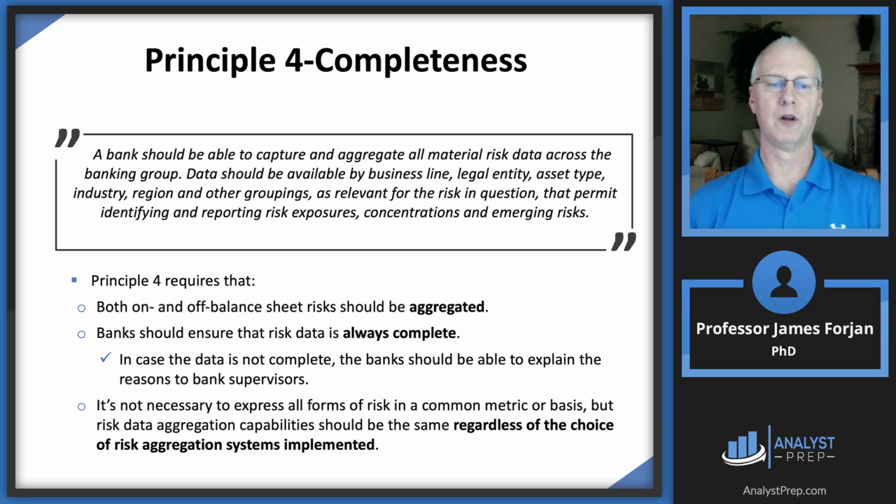So principle 4, look at some of my circle points here. It requires that on the balance sheet and off the balance sheet risks should be aggregated. So if a financial institution is using a special purpose vehicle to do some stuff, kind of like the Enron days, and lots of financial institutions do this as well, that data should be aggregated. It should always be complete. And notice my last circle point there. It's not necessary to express all forms of risks in a common metric or basis.